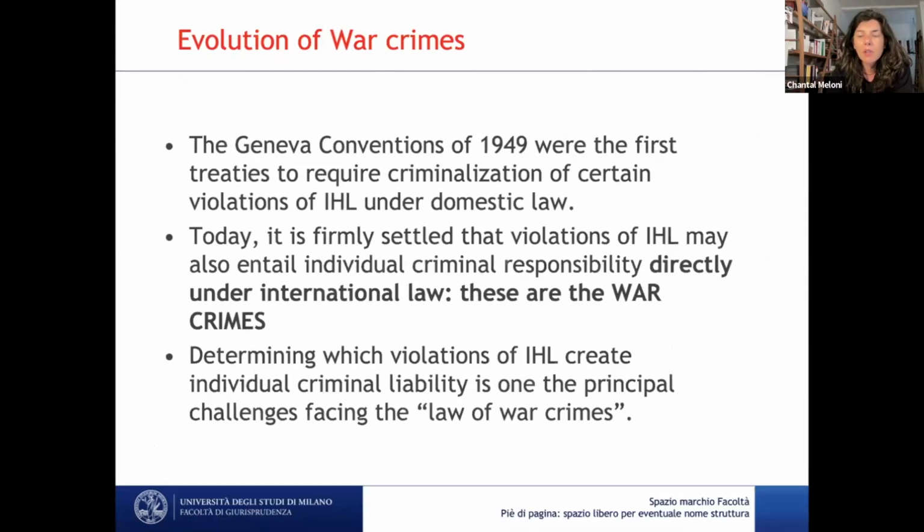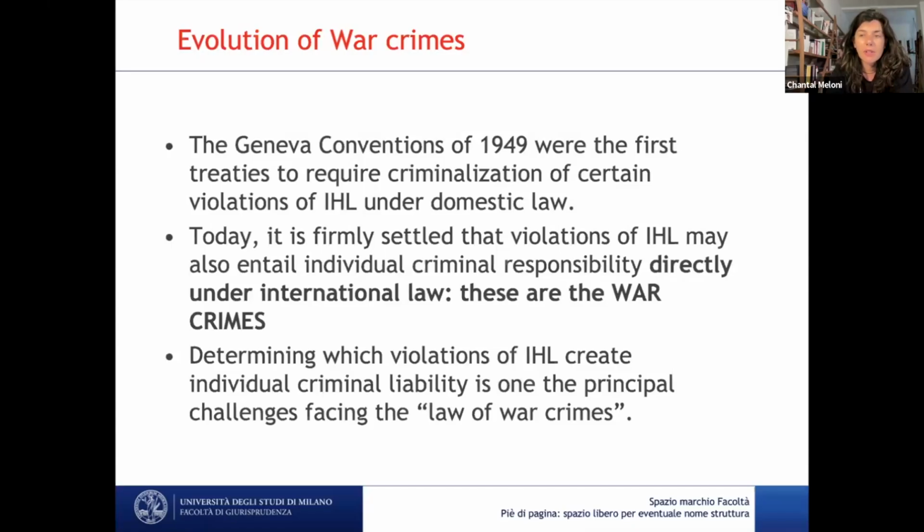They have to undertake action. In the first place, provide for the criminalization of these conducts in their own domestic legislation, and second, enforce the legislation when a suspect of these violations, of these crimes, is found on their territory.